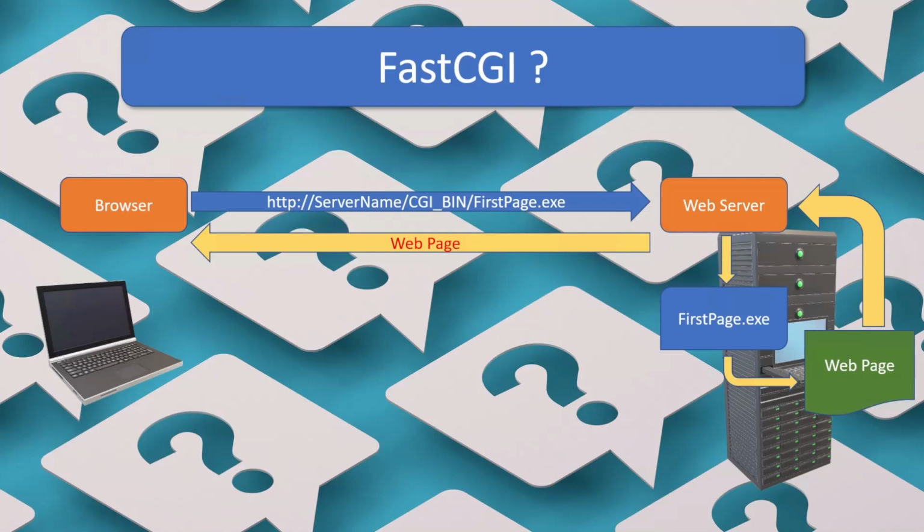So what's the difference between CGI and FastCGI? This all comes down to the running of the application on the remote server. Unlike in CGI applications, the FastCGI application does not terminate after it has delivered the web page back to the web server. Instead, it persists in memory, ready for the next incoming request.